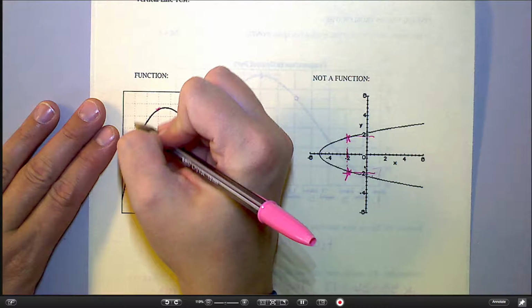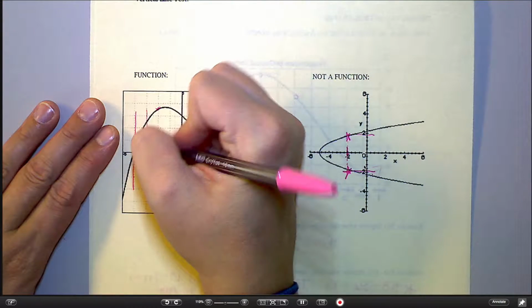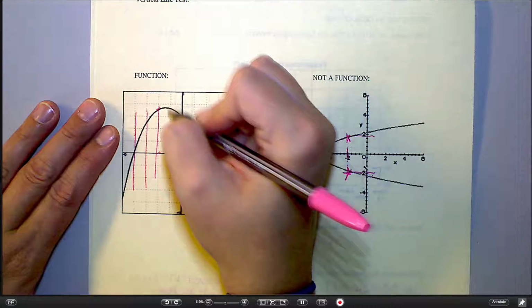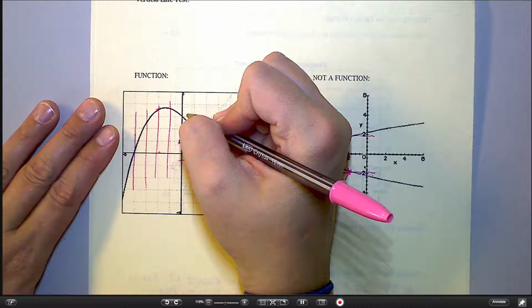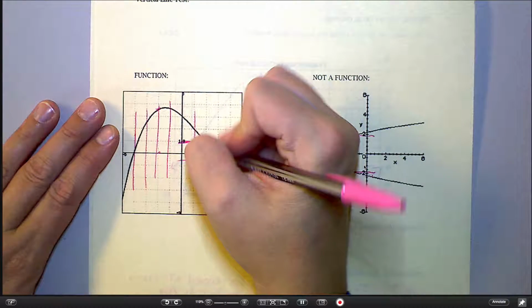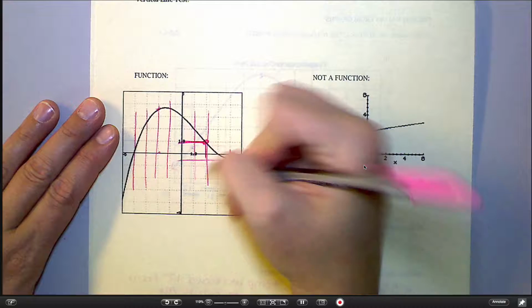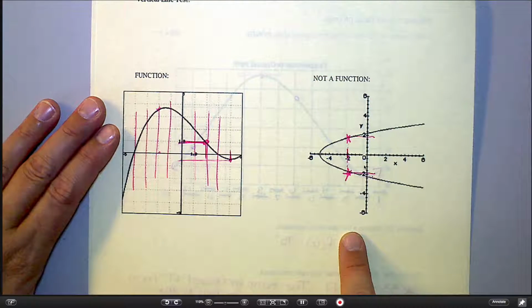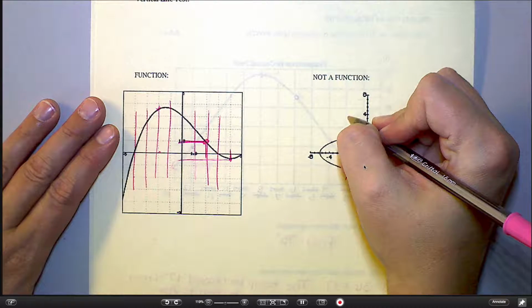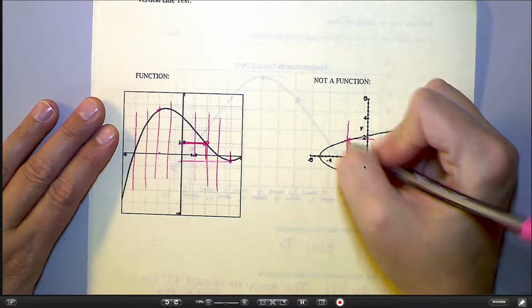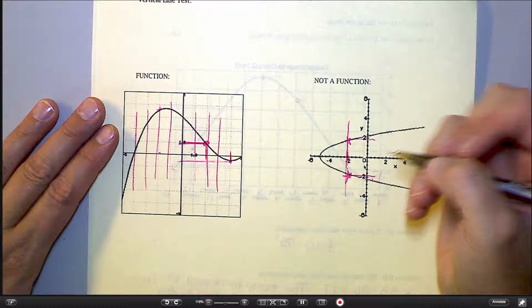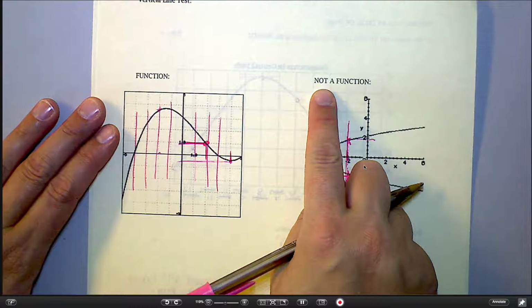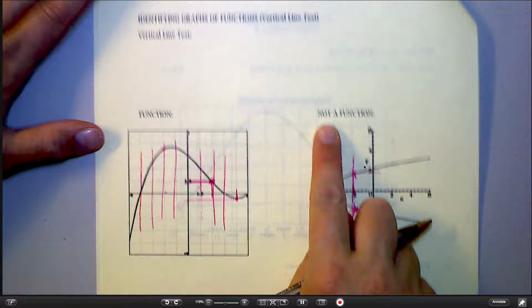If anywhere on your graph you can draw a vertical line and it only crosses your graph one time, then your graph is a function. Really that's because you're looking out for this kind of thing. But if anywhere on your graph you can draw a line and hit more than one point, then it's not a function. So let's write that in words.